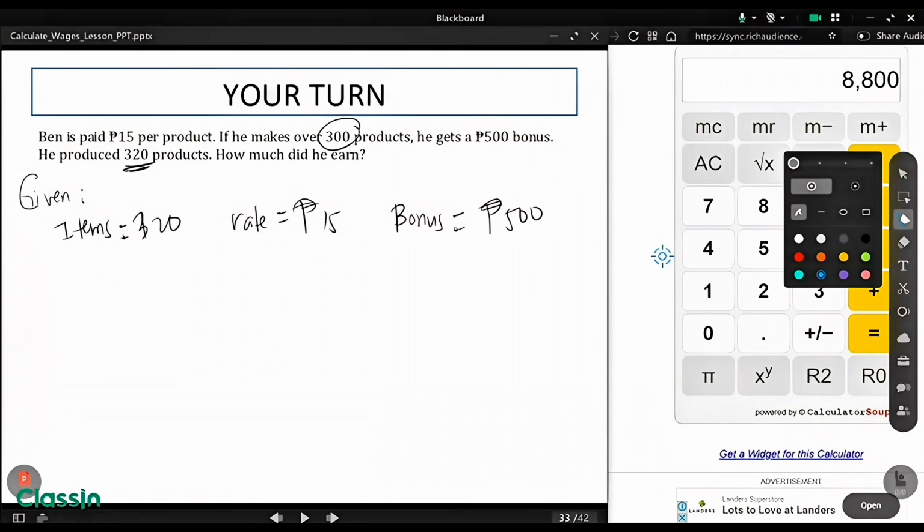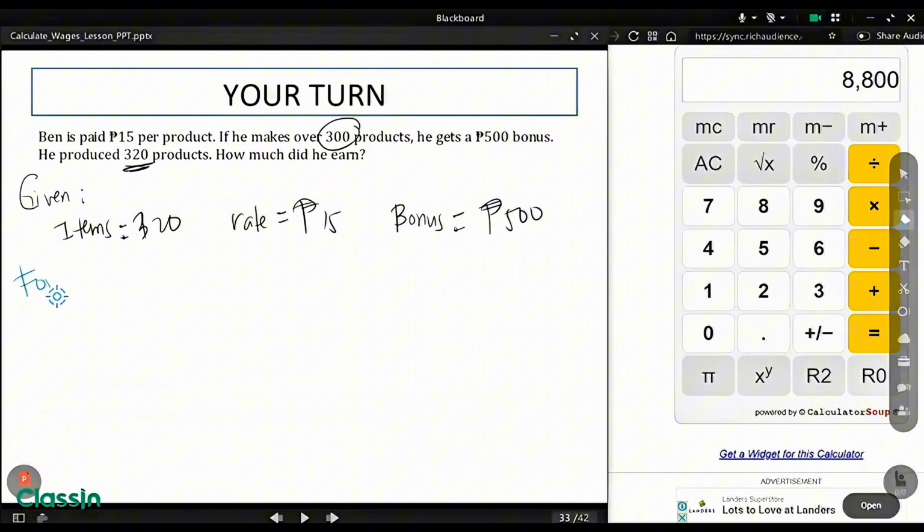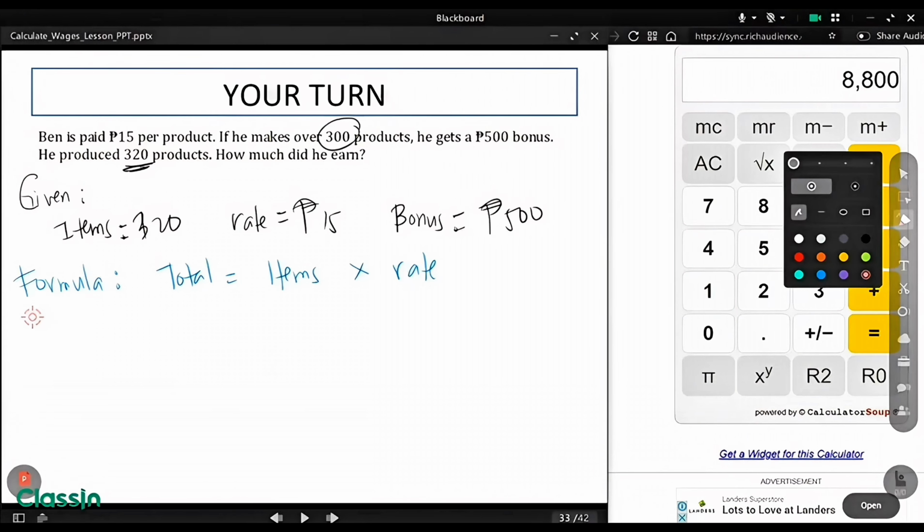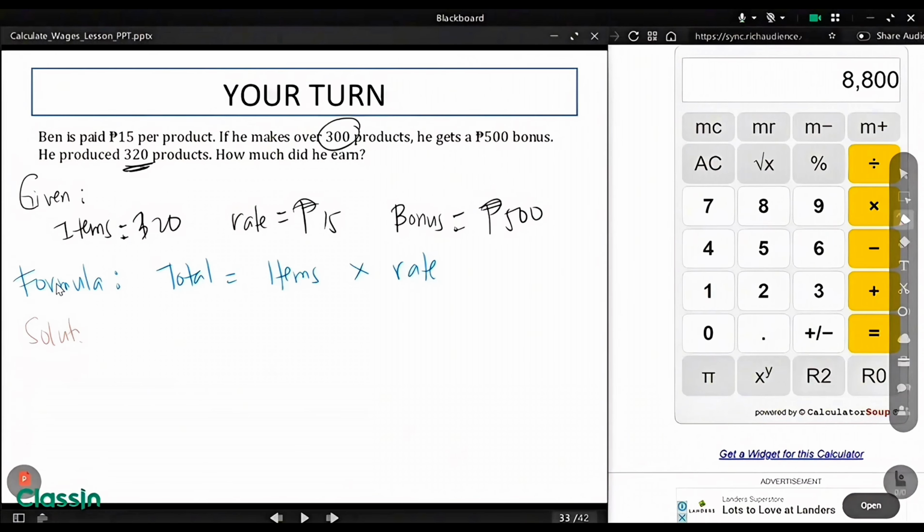Now, let's move on to the formula. The formula for piecework pay is total pay equal to items times rate. Now let's put it in a solution. Let's apply the formula.